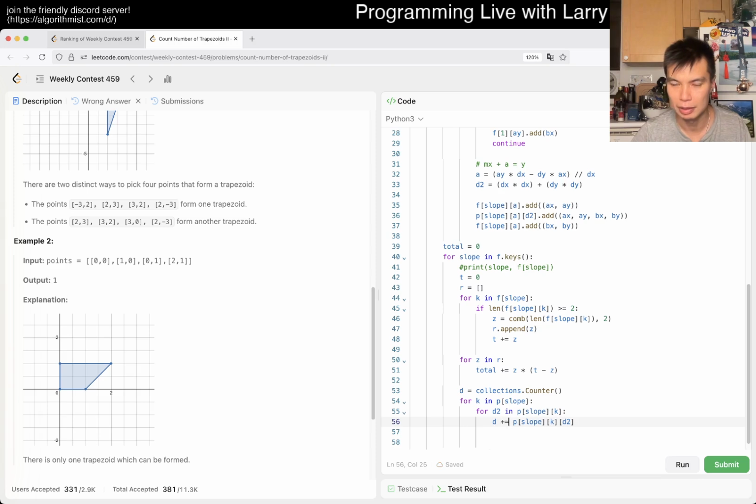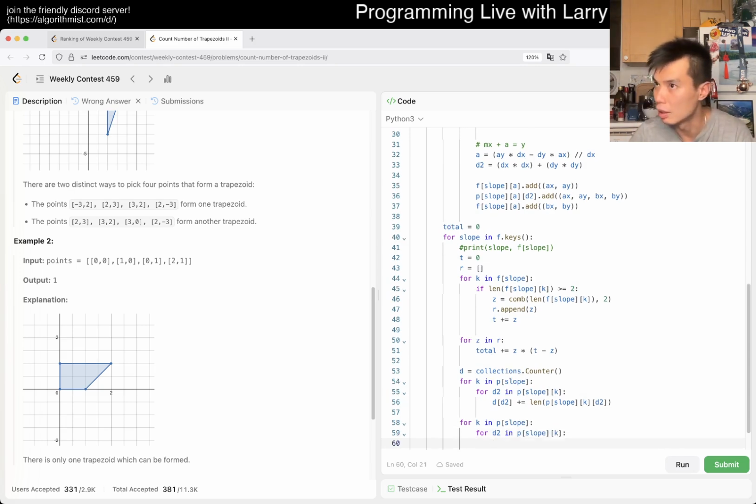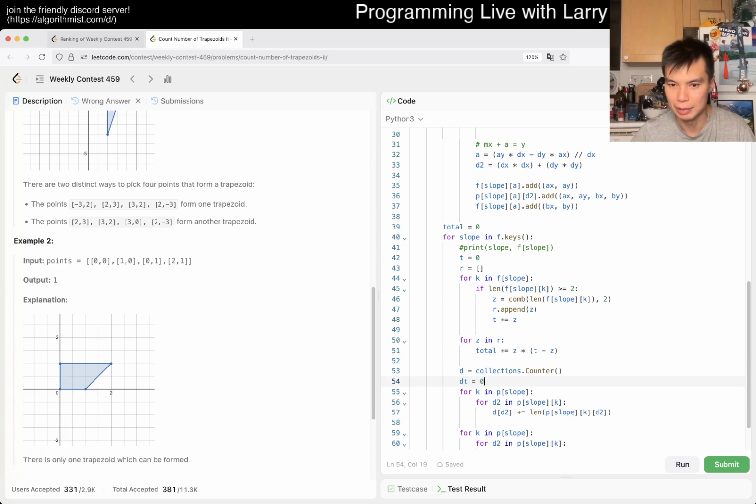I think it's fine, because that's the number of lines with that distance. Or whoops, D of D2 is the distance for a given slope. Okay, that's fine. And then we just do another loop. I know that we double count, but okay, so then d2. Oh, we also need a d total maybe.